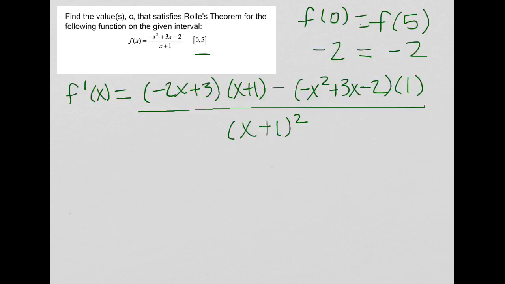And so I know a lot of times we talked about it's not necessarily necessary to clean this up, but it would be helpful because we're going to set that equal to 0. So unless you know what that is equal to 0, we need to clean it up some.